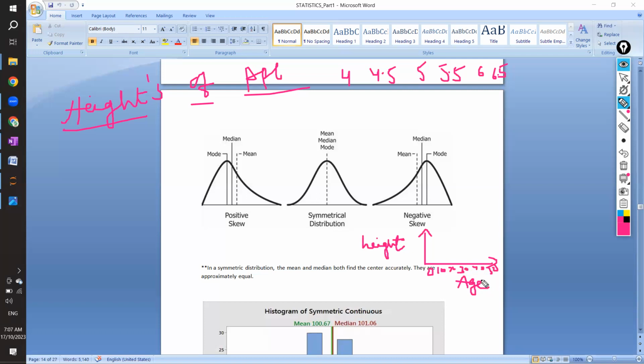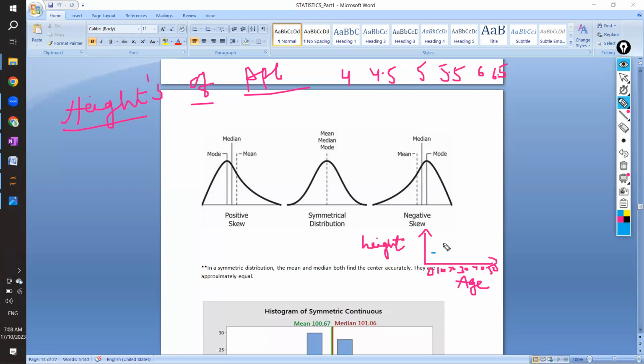If you see from 0 to 10, what will be the maximum height? From 0 to 10, the height will be a little low. For all the people whose age is 0 to 10, the height might be something like 3 inches, let's say.